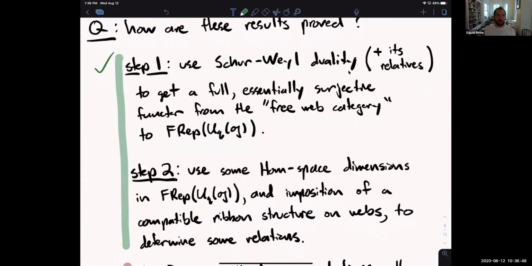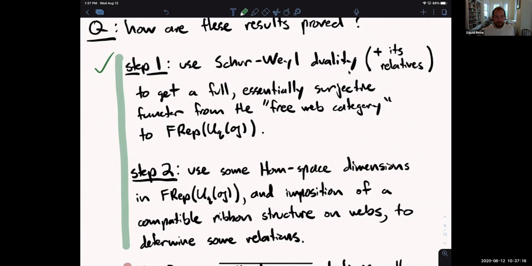And then you say, if this theorem is going to be true, my diagrammatic category had better be braided monoidal, in fact a ribbon category. And you can use those restrictions to churn a big crank that will eventually tell you what the coefficients in those relations need to be.